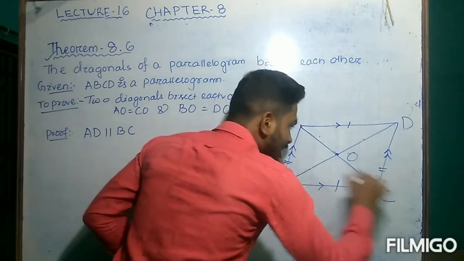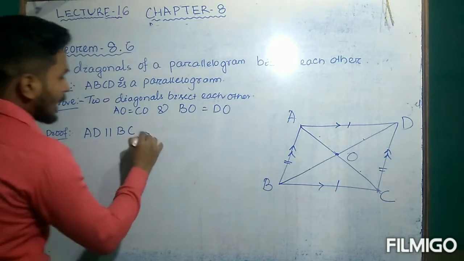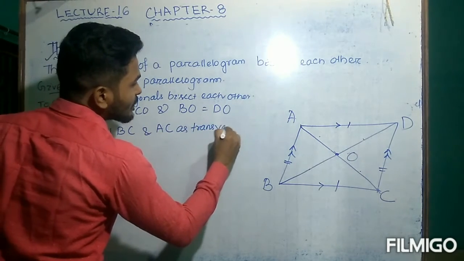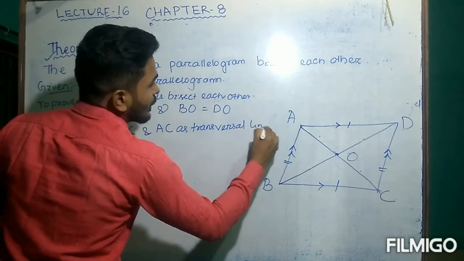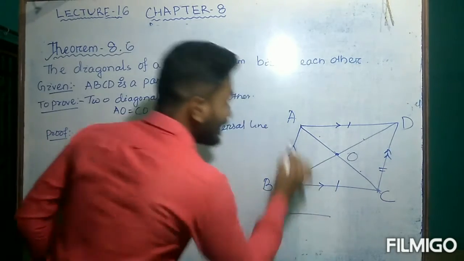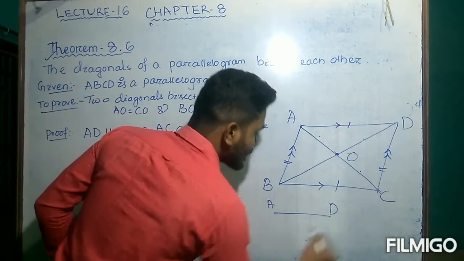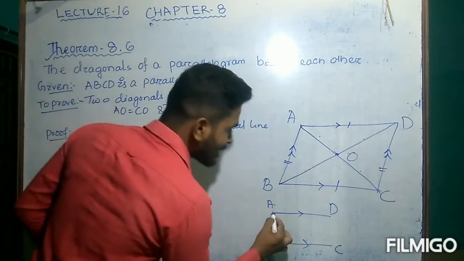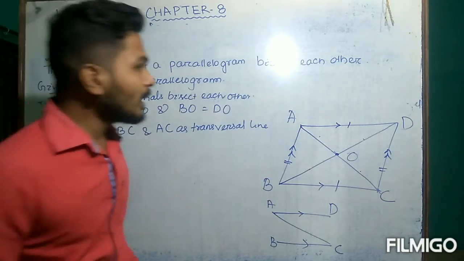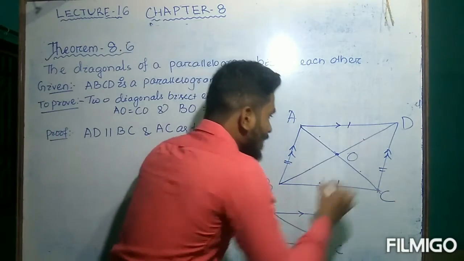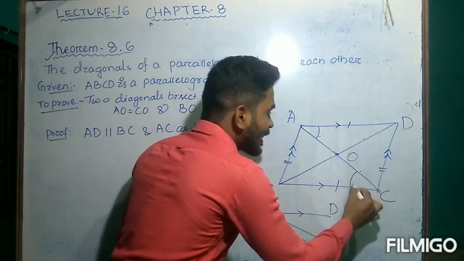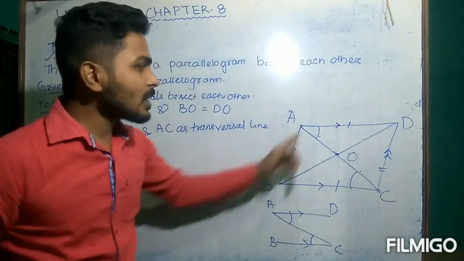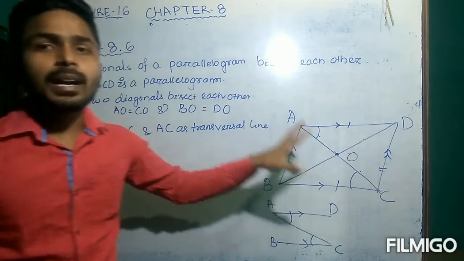If we consider AC as a transversal line, we have taken AD and BC as two parallel lines because it is given, and AC as a transversal line. Understood? Now, since AC is a transversal line, this angle and this angle are known as alternate angles, and alternate angles are equal.